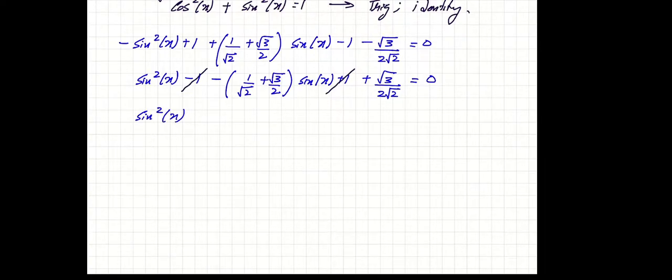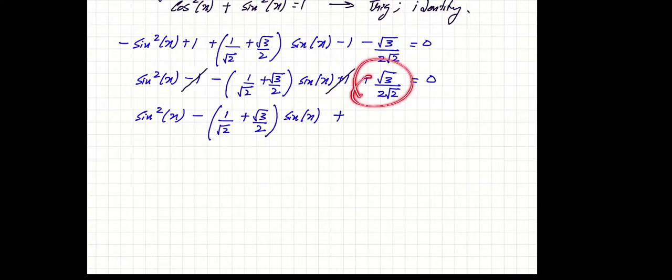So sin squared x minus 1 divided by square root 2 plus square root 3 divided by 2, sin x.